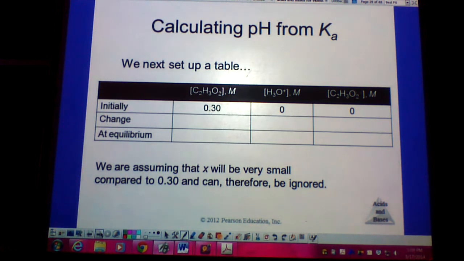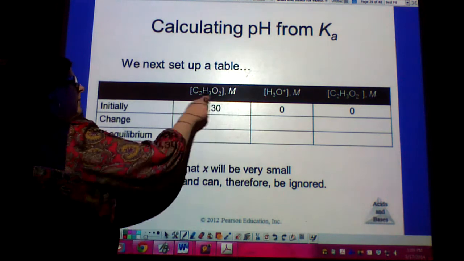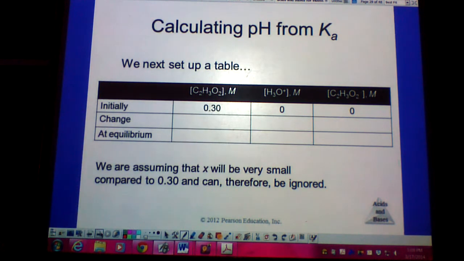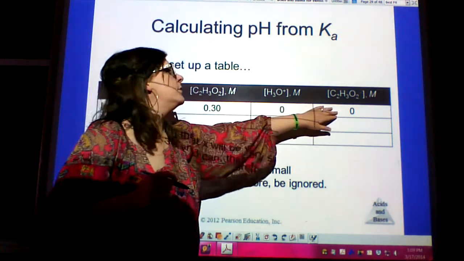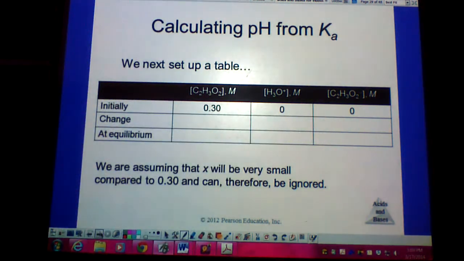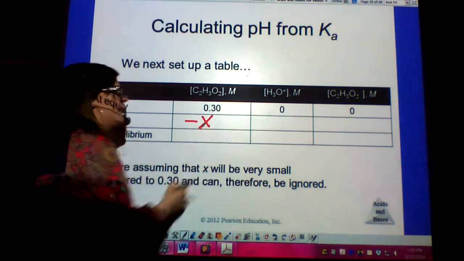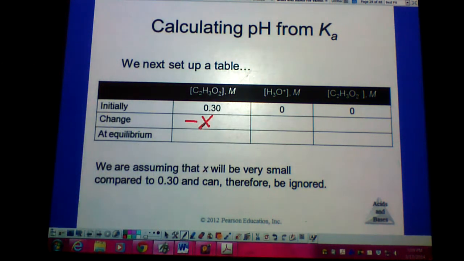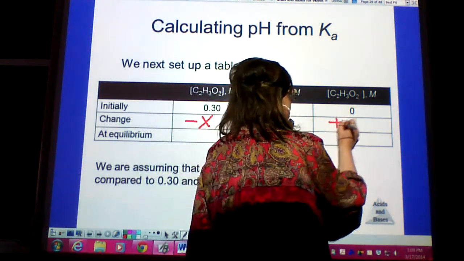Initially, they told us 0.3 molar of acetic acid, and I know that I have 0 of my products initially. For the change, I'm going to be losing my acetic acid and gaining these ions.